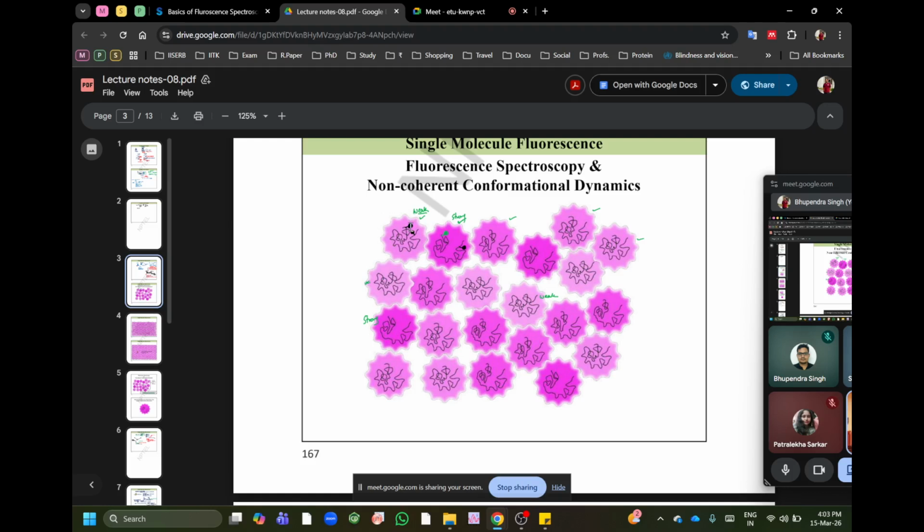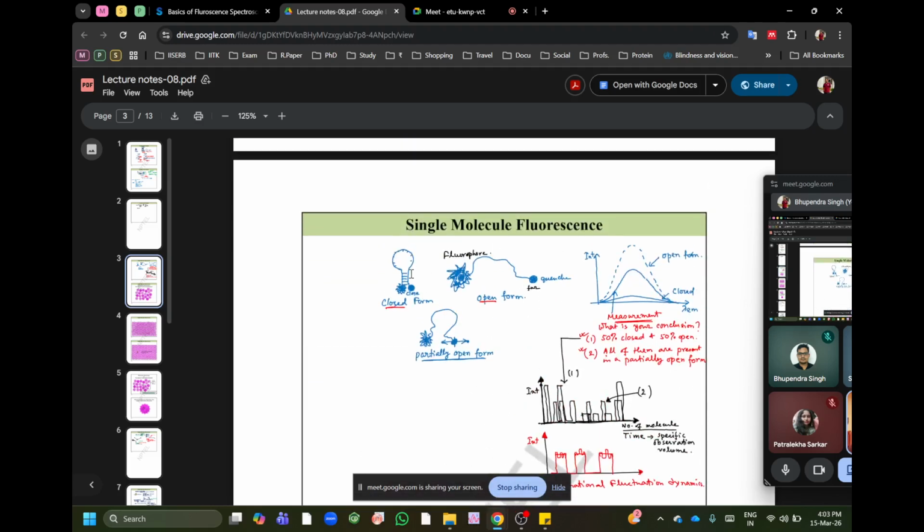Let's say the resolution is so high that you can visualize the single molecule just like that. In that condition, you see that all the molecules are not coherent, which means not all the molecules are in closed form, not all the molecules are in open form, not all the molecules are in partial form.